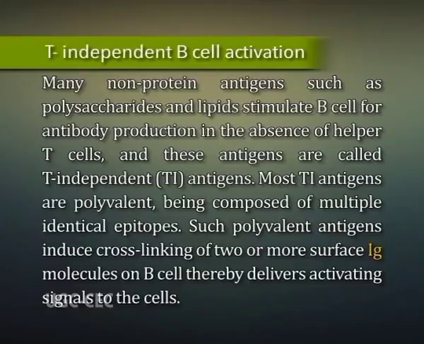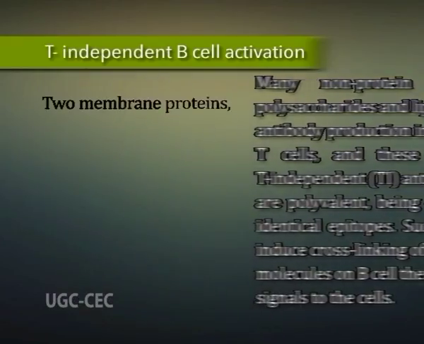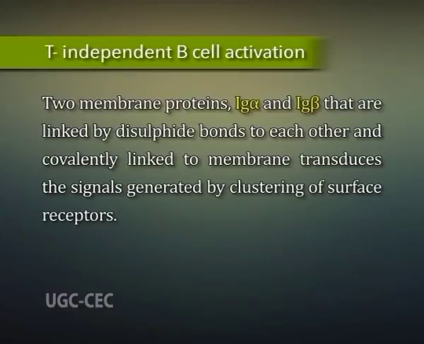Such polyvalent antigens induce cross-linking of 2 or more surface Ig molecules on B cells, thereby delivering activating signals to the cells. Two membrane proteins, immunoglobulin alpha and immunoglobulin beta, that are linked by disulfide bonds to each other and covalently linked to the membrane, transduce the signals generated by clustering of surface receptors.